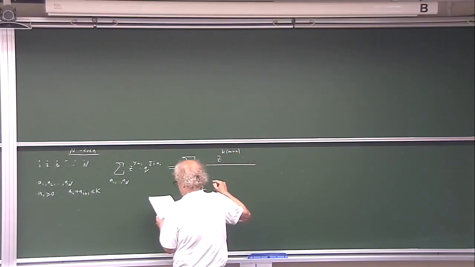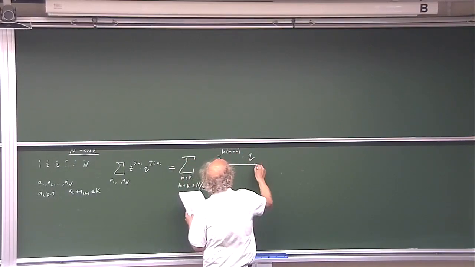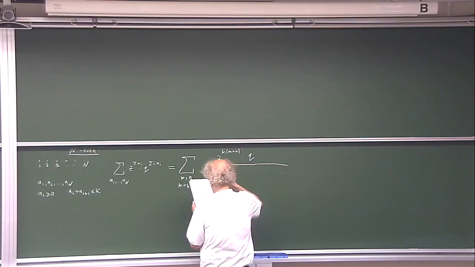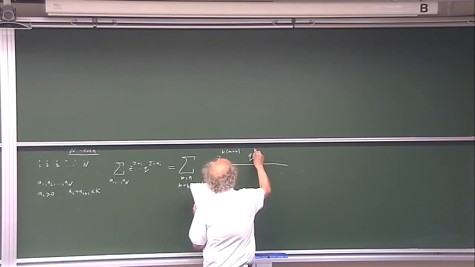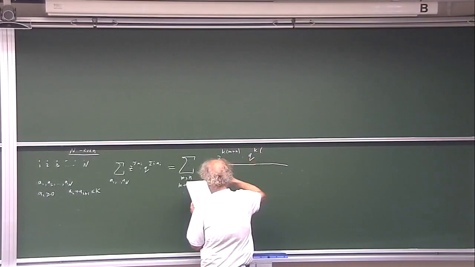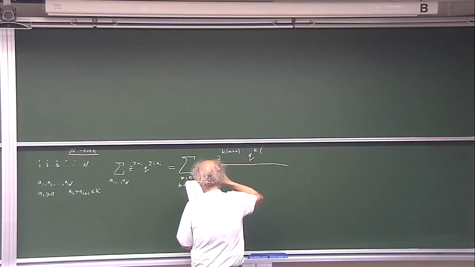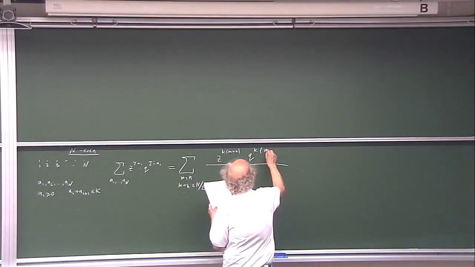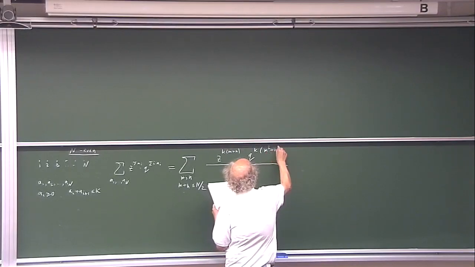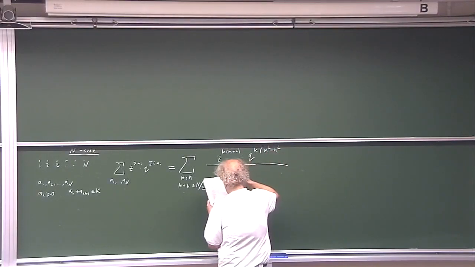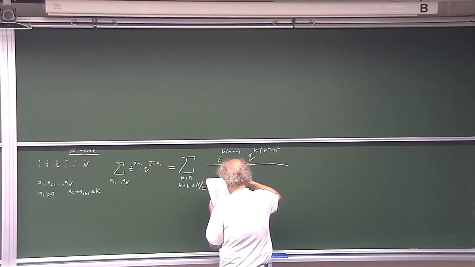And here we have q, and on the top we have a quadratic form. K always in the top, then we have m square plus n square.